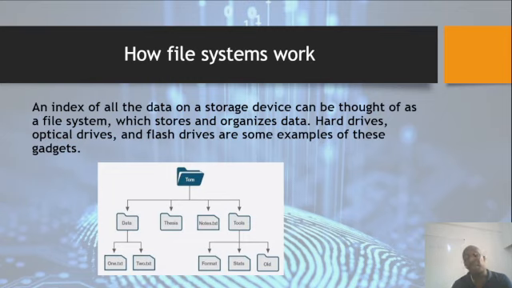So in every partition we only have one file system. For example, the first structure will be one main file, and the rest will be either subdirectories or directories under that. So in a partition, we only have one file system.